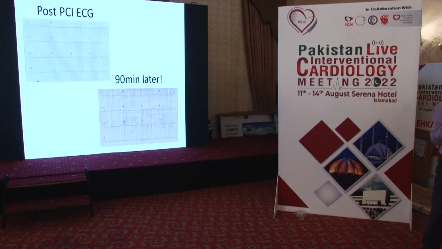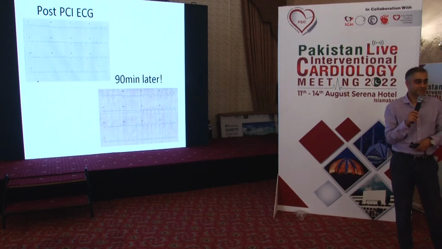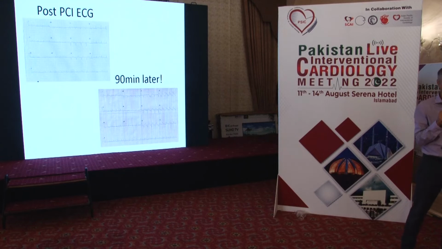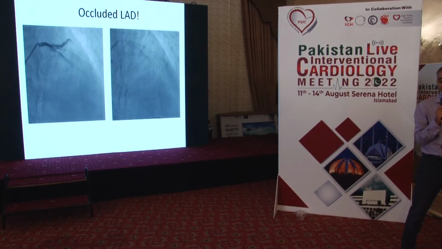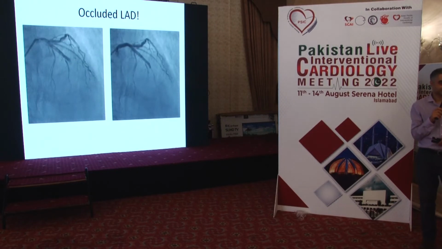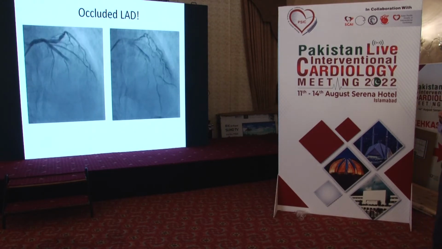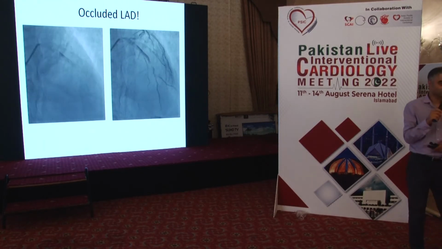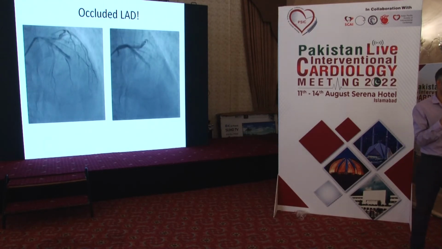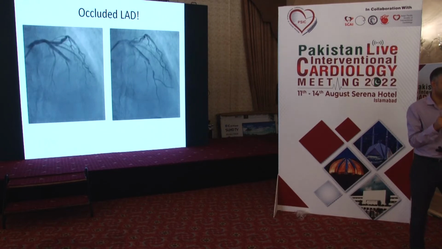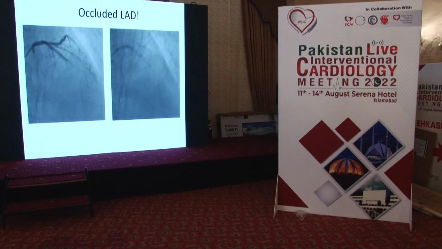What do you think's going on? Yes, stent thrombosis. Next slide. So he's blocked his LAD. So I put a wire down there. So what's caused the stent to block? So underdeployment of the second stent.